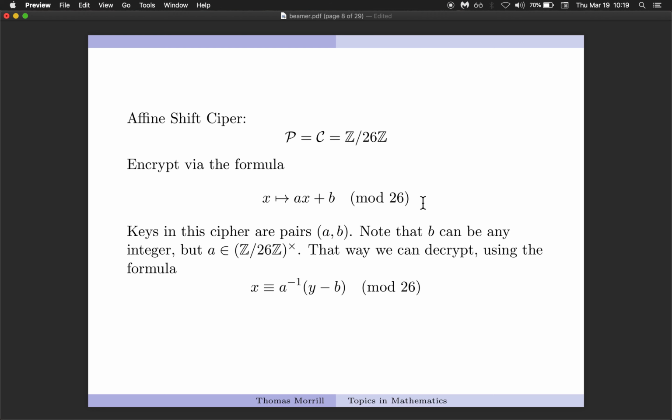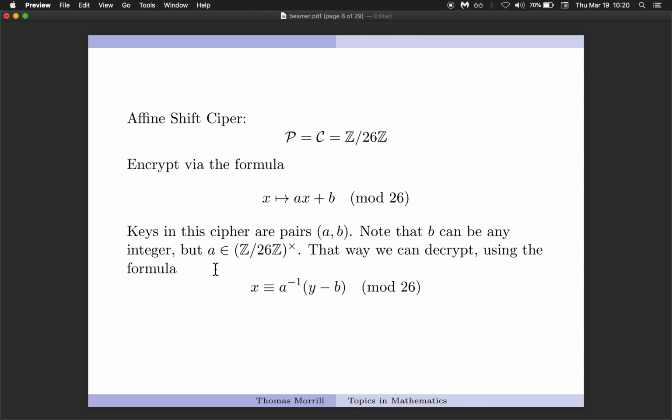but at the end of the day, I still want to be able to decrypt my message. We've seen that multiplying can be tricky, particularly since I already know that 26 is a composite number. So I'd better be sure to pick an A that does have a multiplicative inverse.